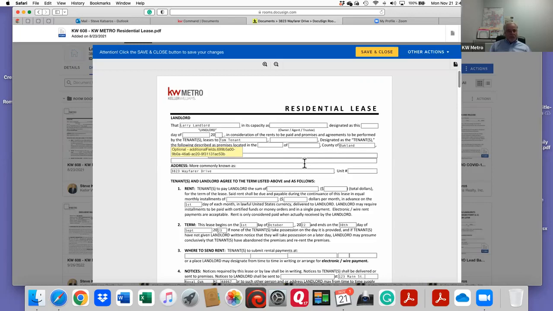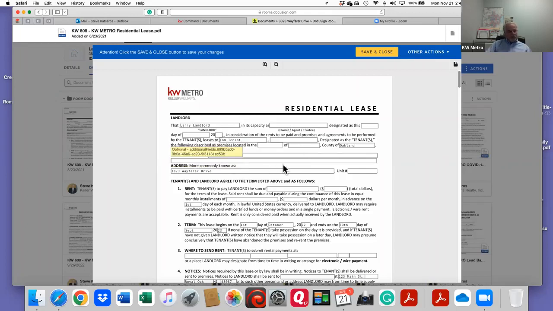Then we're not going to use it. So our lease is compliant. Our lease has all the provisions that a lease should have. It's not discriminatory in any way. Again, it's tilted a little more in the landlord's favor because they're the owner of the property, but it's still fair for both parties.